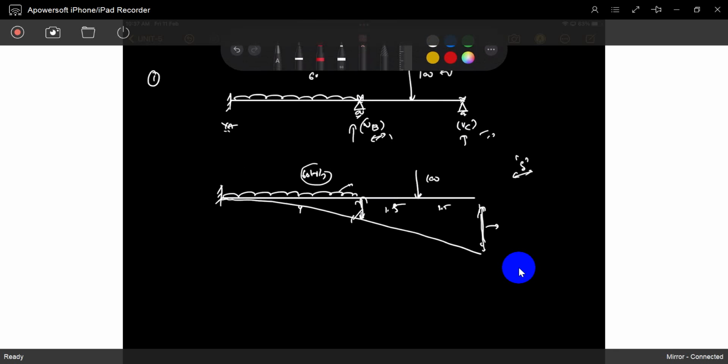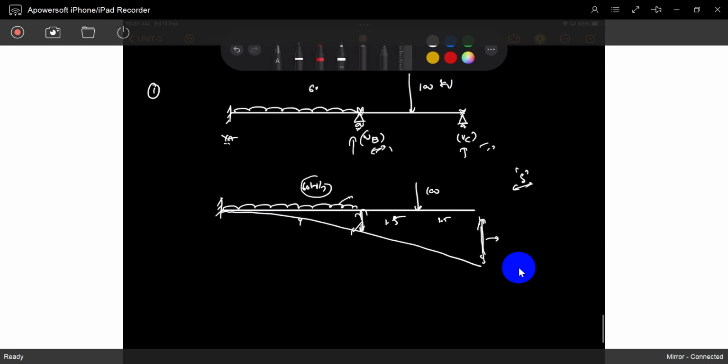But that is your assignment. The same problem you can do by taking VB and VC as the unknowns. I will change the loading because of the difficulty in finding the deformation diagram, but you can find out the deflection here. That's the only difficulty.